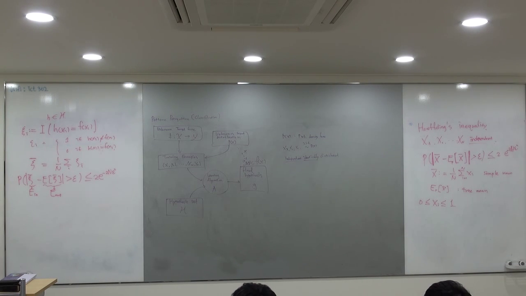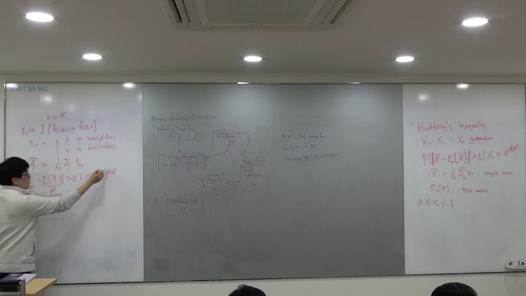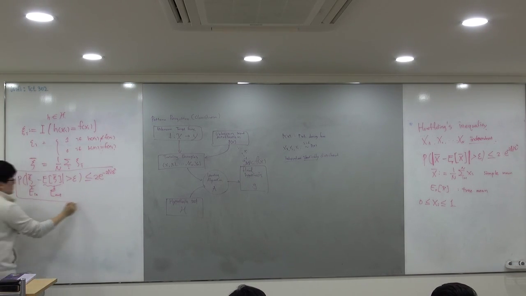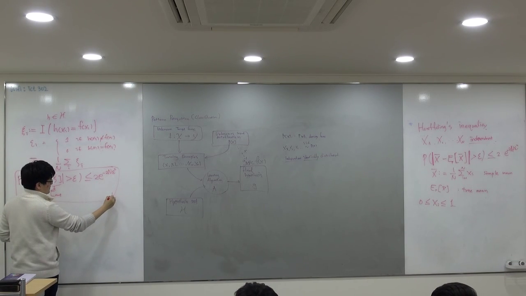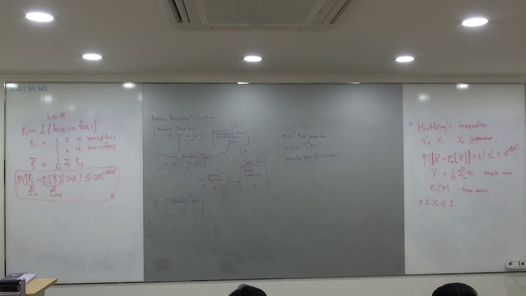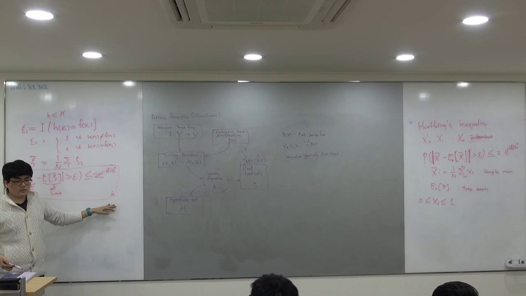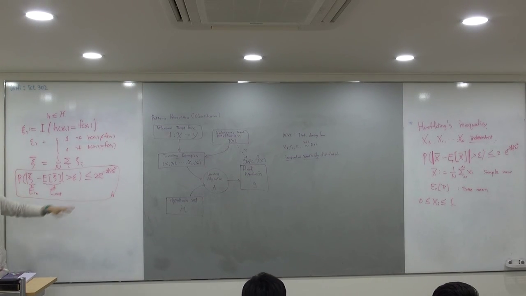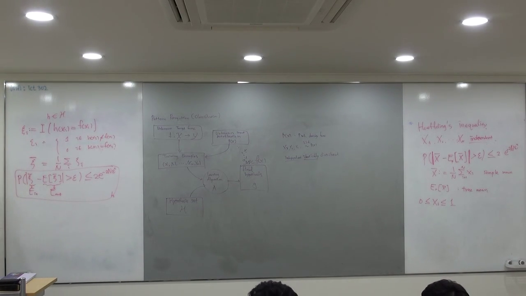Okay. And in fact, this inequality is calculated for H, a single arbitrary hypothesis. It's not the optimal hypothesis you get from the training. It's just a random hypothesis. What this means is, even if you choose a random hypothesis, you can get this inequality.